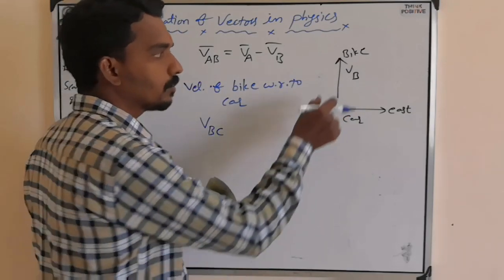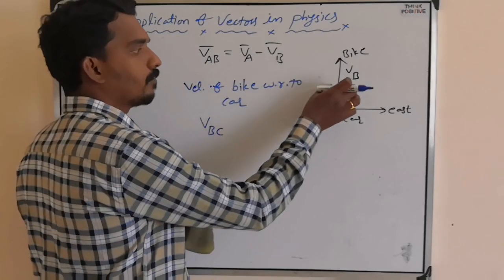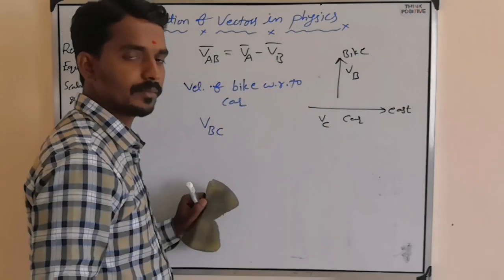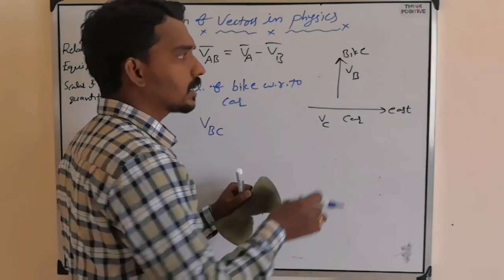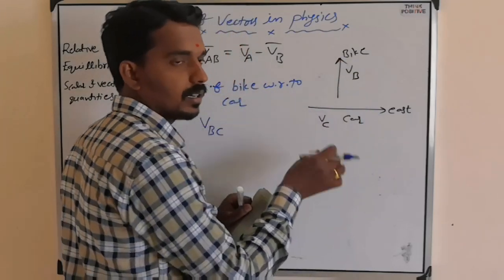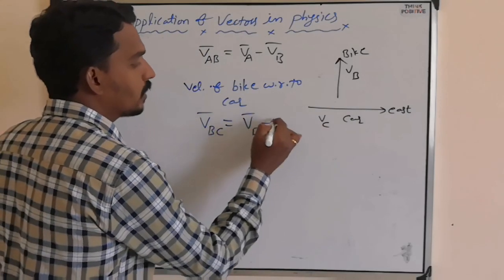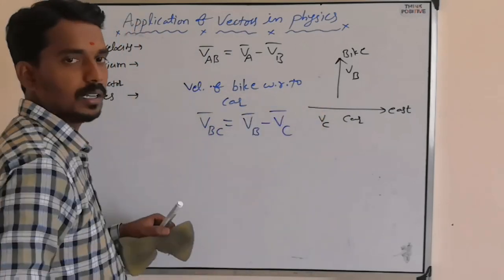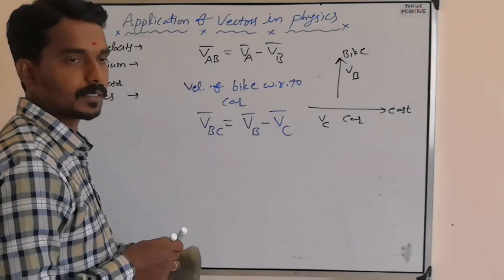So who is observing the bike now? The car. The velocity of the bike is actually Vb towards north. But they are asking the velocity of the bike with respect to this moving car towards east. Then it will become velocity of bike minus velocity of car, because with respect to must be subtracted.